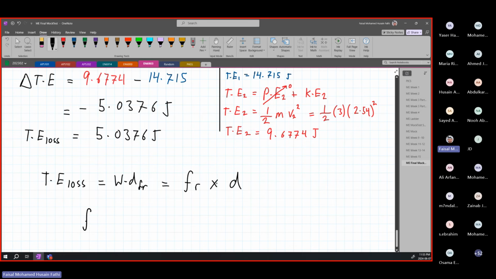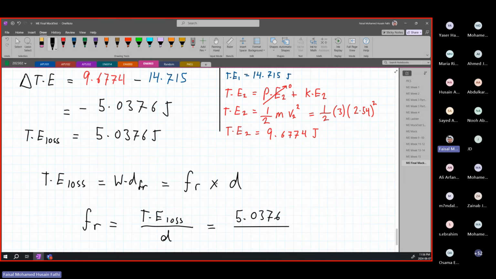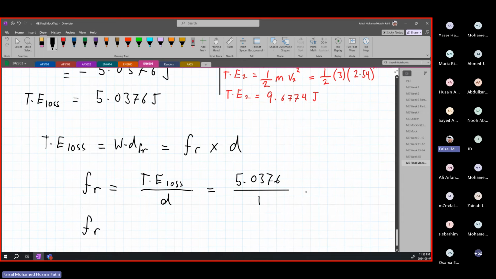So we can now solve for the friction force. It is equal to TE loss over the distance covered, which is 5.0376 divided by 1 meter. So our friction is equal to 5.0376 newtons. And we have found the force of friction.